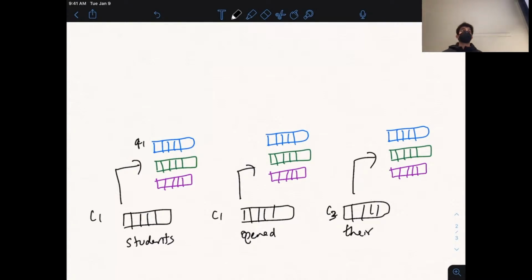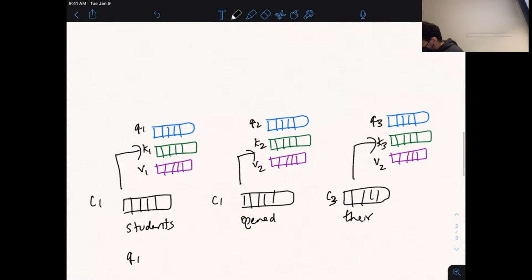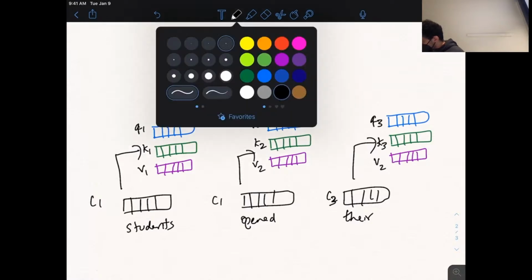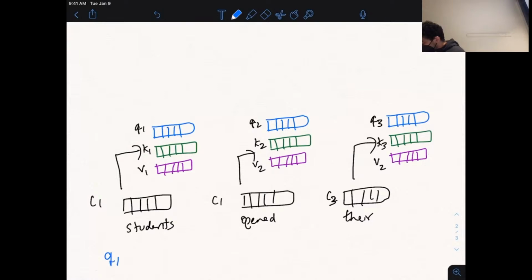This is the first query representation. This is going to be K1 for the key representation, V1 for the value representation. Similarly, I'm going to have all of these. And so how exactly do I compute Q1 or K1? Say Q1, I'll use the color for Q. Q1 equals F of WQ C1. Similarly, Q2 equals F of WQ C2.